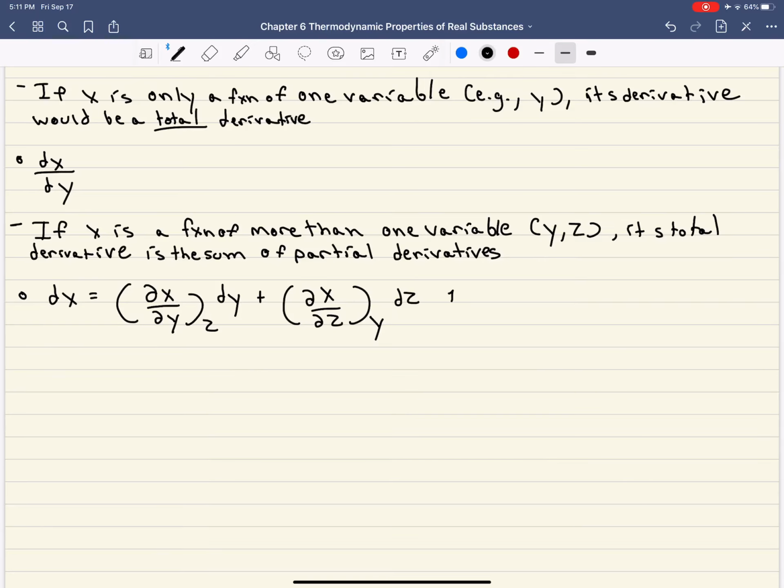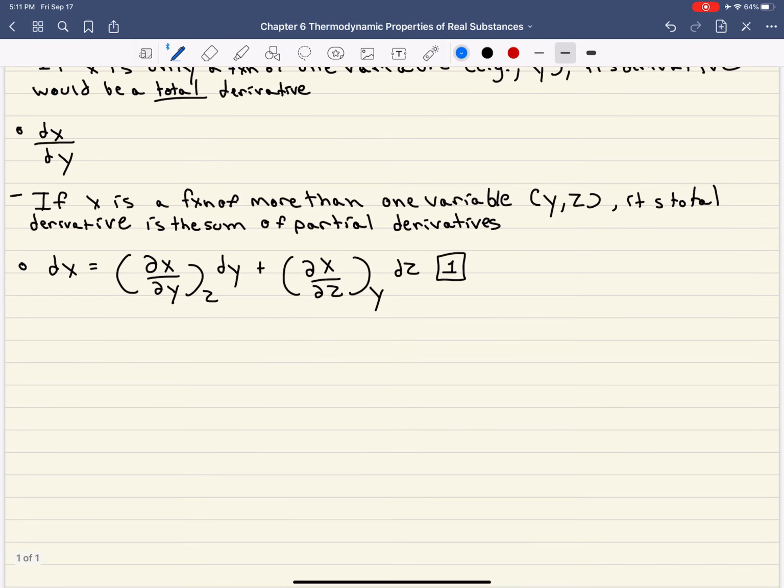Okay? So I just want to explain the notation that I'm using. So these curly d's indicate what we call a partial derivative. And the variable that's outside the parentheses here is a variable that's being held constant.